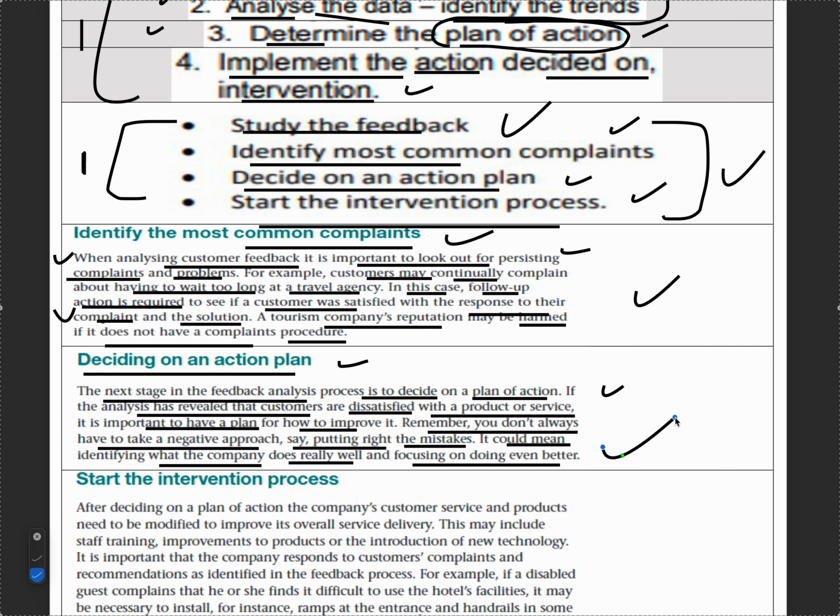So when people express their unhappiness, it doesn't mean it's an attack on the business. It means they indicate what you are doing wrong, what you should be improving on, and focusing on doing better. As a business you need to take it as constructive criticism, criticism that is helpful because it will benefit the business.